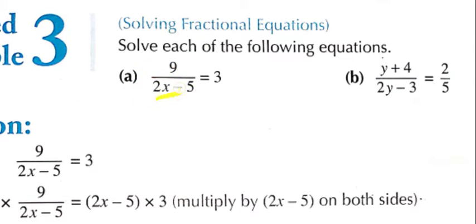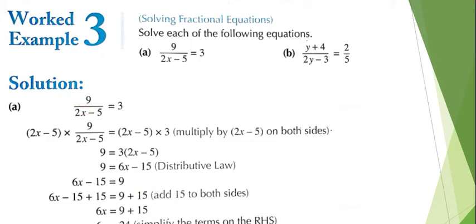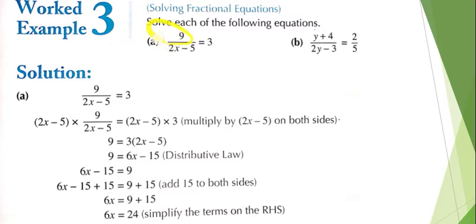So this one you times here, only that. So it becomes 9 equals 3 times open brackets 2x minus 5 close brackets. What they do here is multiply both sides by this 2x minus 5, the goal being to eliminate the 2x minus 5 on the left side at the bottom.